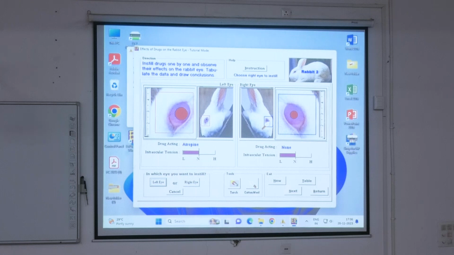So atropine will cause abolition of the light reflex, mydriasis and slight increase in the intraocular pressure, and corneal reflex is maintained with atropine.